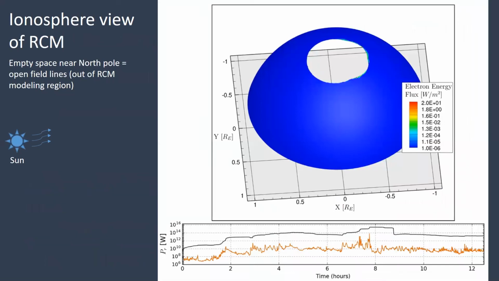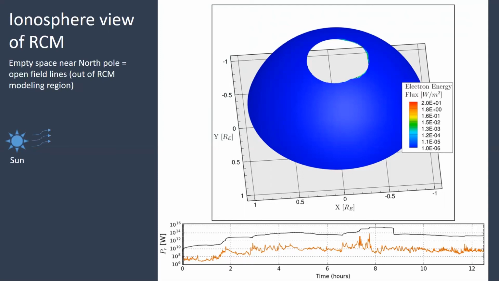And so just to show you what the model results look like, we have a little movie. To orient yourself, the sun is in this direction, and here's your ionosphere view. Like I said, the emission actually happens along the field lines, so what we're actually going to see are the foot points of those field lines where the emission is happening, color coded accordingly. What you'll want to look for, especially during the increases of power here, is a lot of injection along the tail.